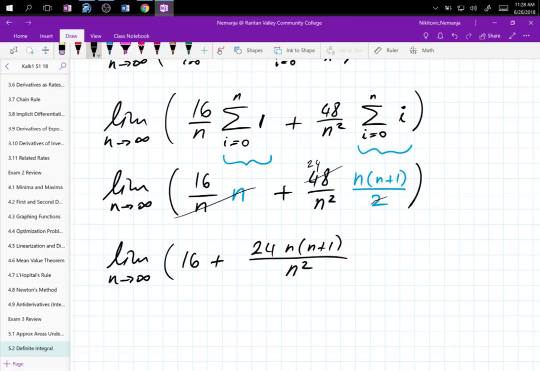Now, if you take a look at this, when you multiply these two, it's n squared also on top. So all this ends up being is 16 plus 24, which is 40.